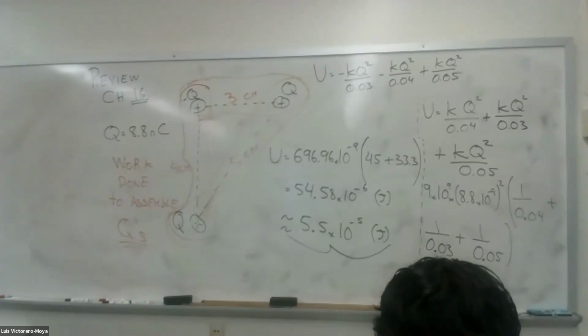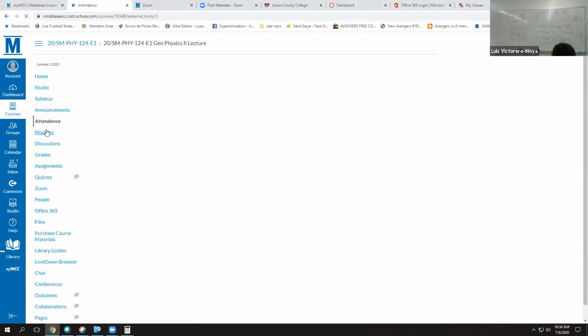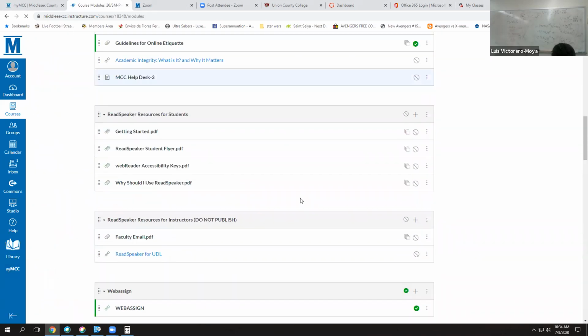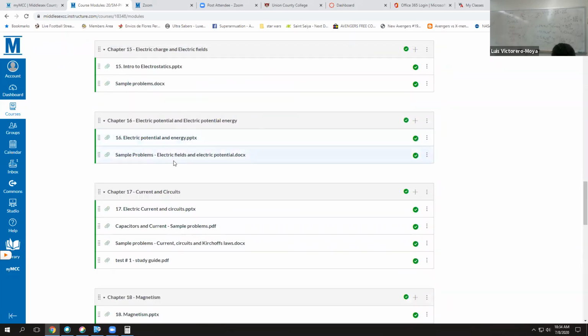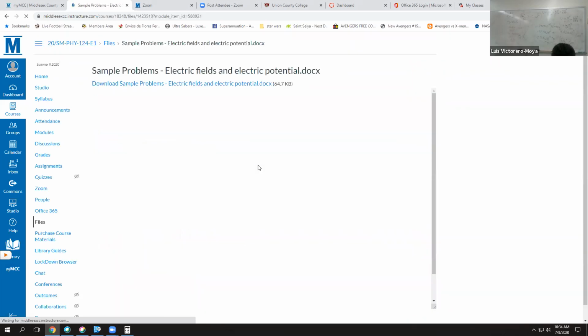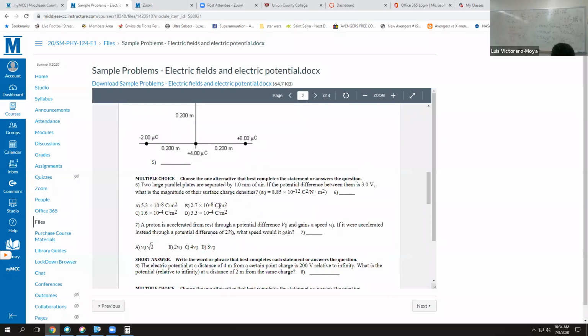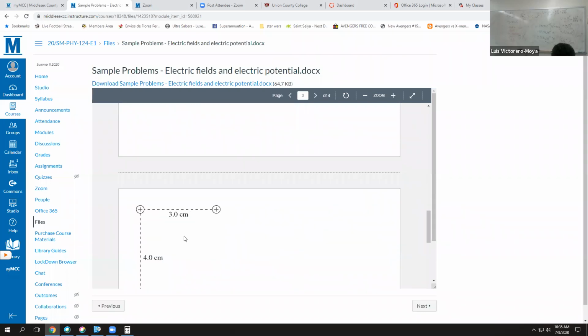Something I want to show you, by the way. The problems I was doing today are in modules. So here, right? I did this problem, I talked about these problems, and I did this problem.